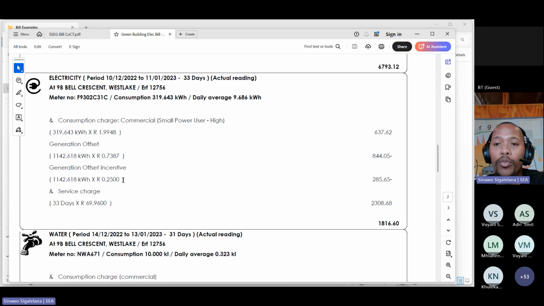But also don't be in a position where now, for example, because we use an avoided cost principle as per the rules, right? So for example, you are paying R1 a kilowatt hour to Eskom. Now for an EG customer, you want to pay R1.50, right? So you've deviated a bit from the avoided cost, although it's an incentive, of course, I agree.